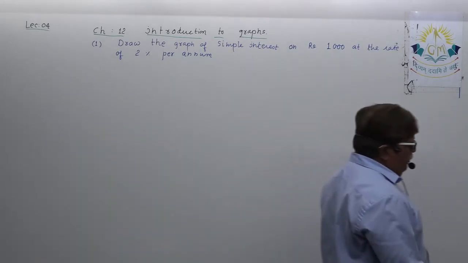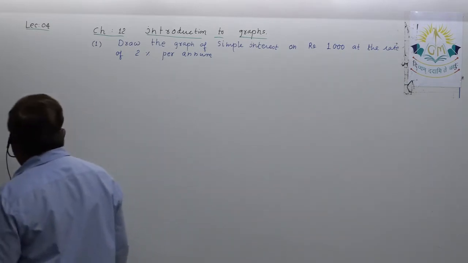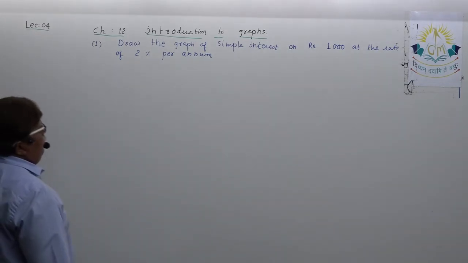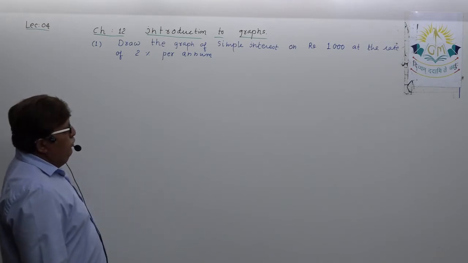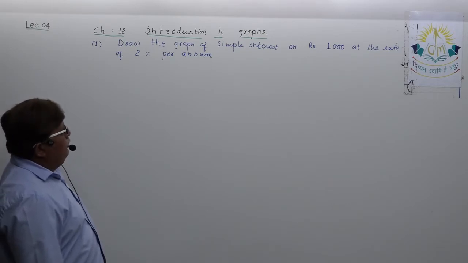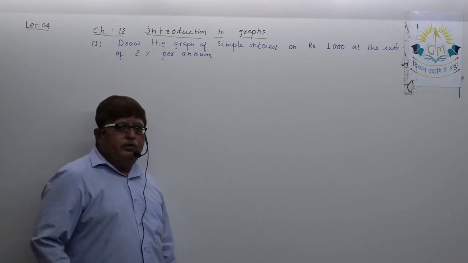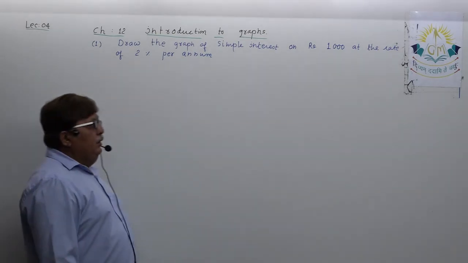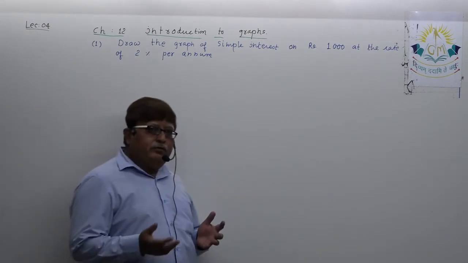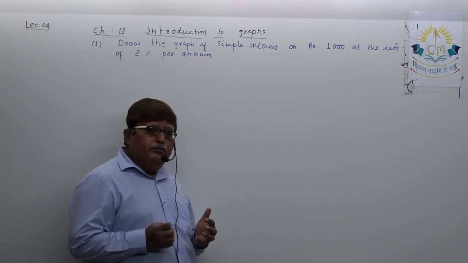First, just read out the question which has been given here. What is the question? Draw the graph of simple interest on rupees 1000 at the rate of 2% per annum. Now, dear student, the first basic question for you is which two variable quantities you have to suppose.